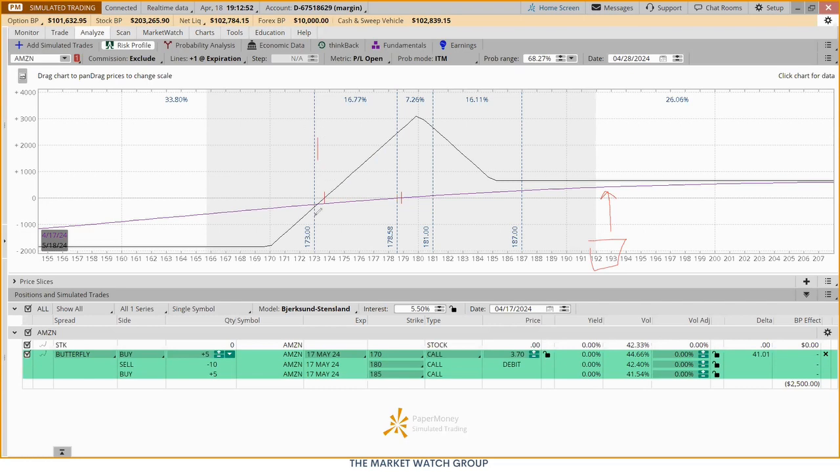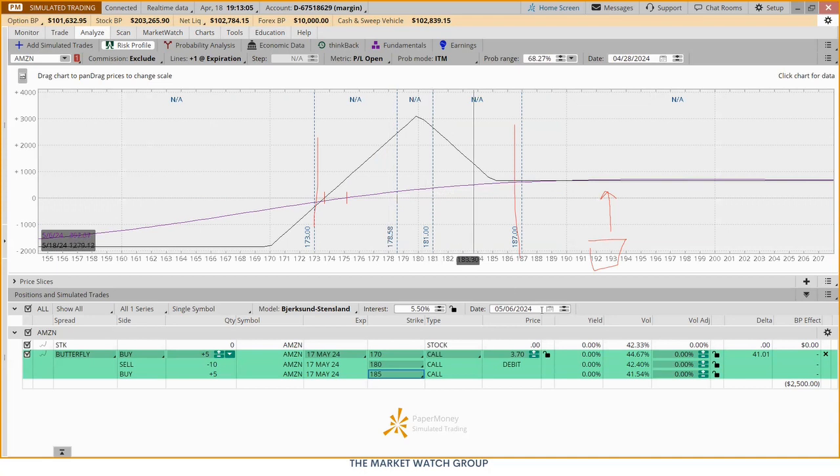You'll see it still behaves like a butterfly in the middle, which means that if it just grinds sideways for a while and time's ticking, no problem. I can just wait for it. And if it ultimately stays in the middle, this behaves like a butterfly, and I'm going to make really good profits if it doesn't move. But if it moves up here to 192, 193, still good profit.